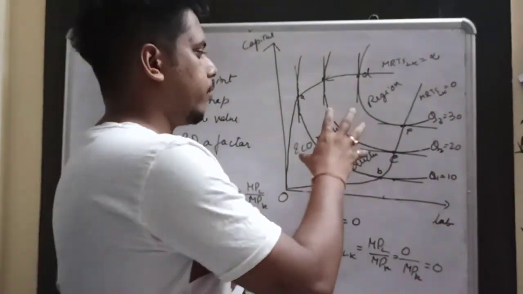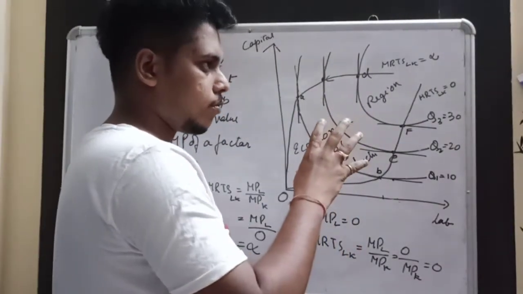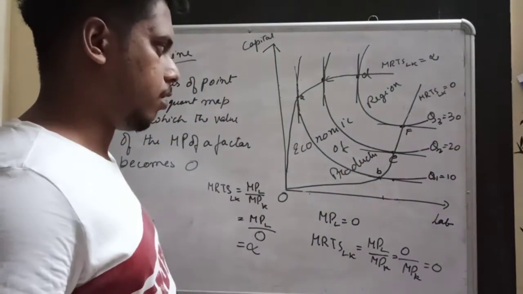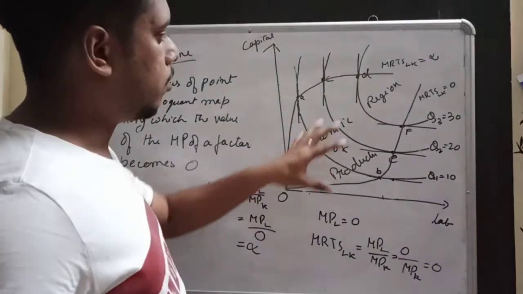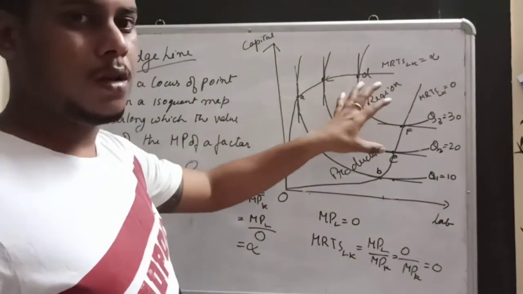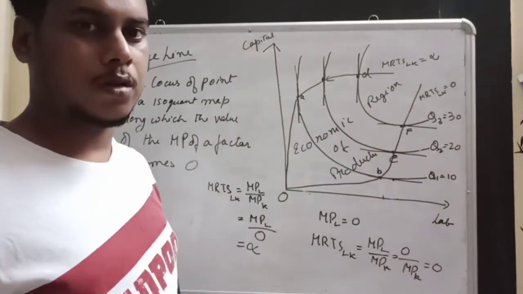You will be able to produce the output efficiently. Okay, so this is the logical zone of production.